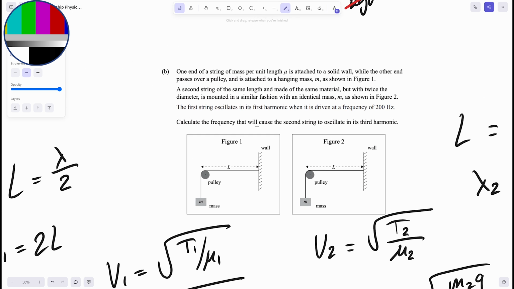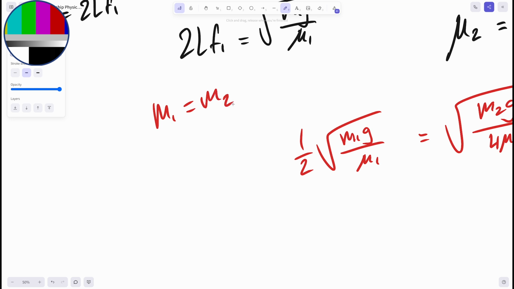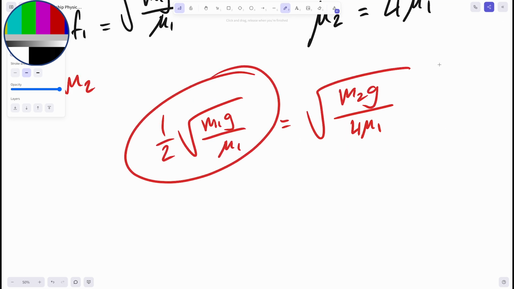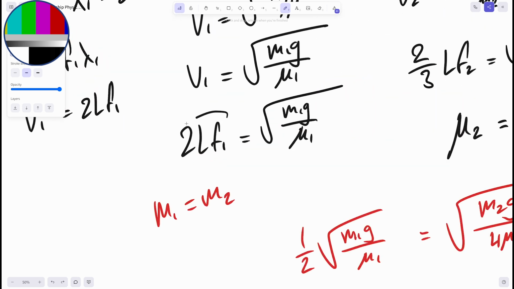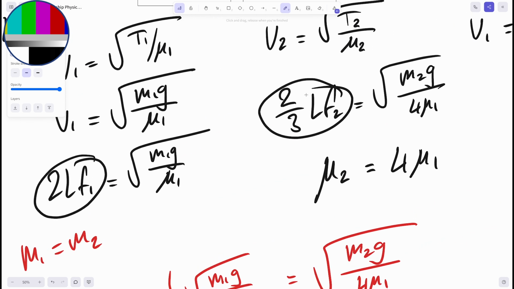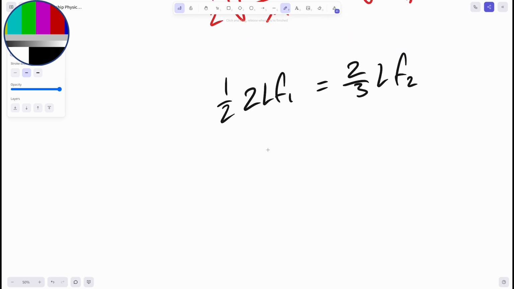As we can see up here, both masses have the same exact value, so m1 is equal to m2, and if we divide this by 2 we get this right here because everything else is the same. So half of 2 L f1 is equal to 2 over 3 L f2, and therefore L f1 is equal to 2 over 3 L f2.